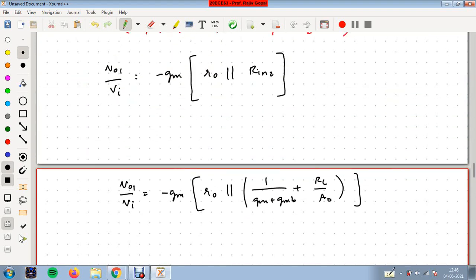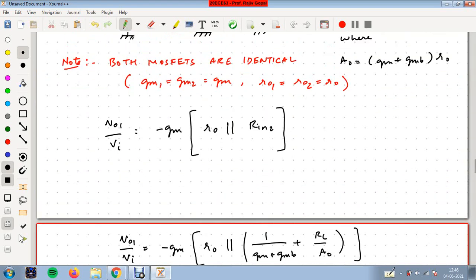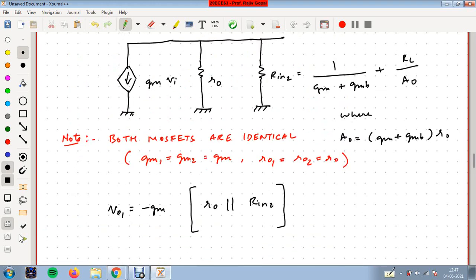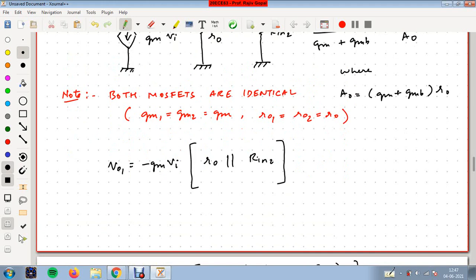Before that, how did we get V01 by Vi? It is simple actually. If you only measure V01, it is actually minus gm times Vi into R0 parallel R into. So from this, that is how I got V01 divided by Vi is equal to minus gm times R0 parallel R into.